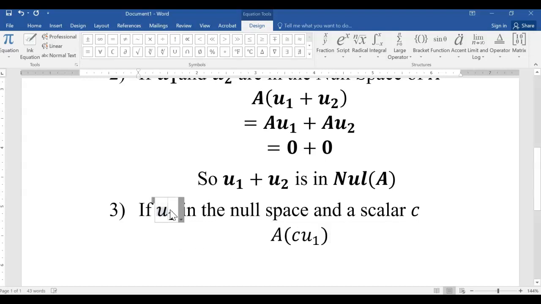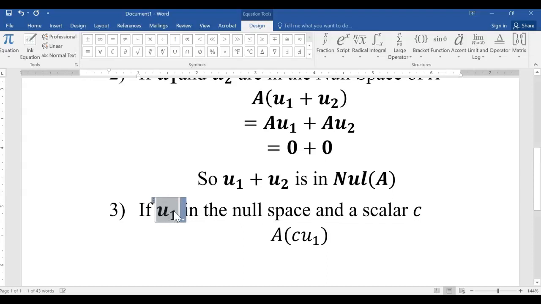All right, so we have this vector, and we have this scalar, and we want to multiply it times A, and we want to eventually show that that multiplication gives us 0.